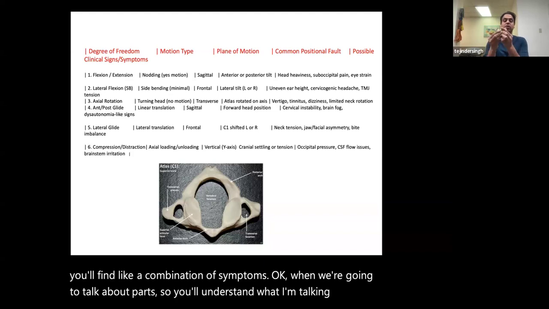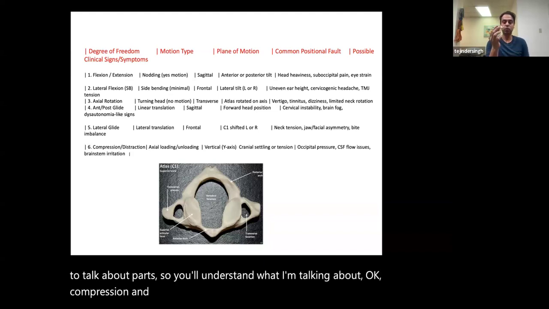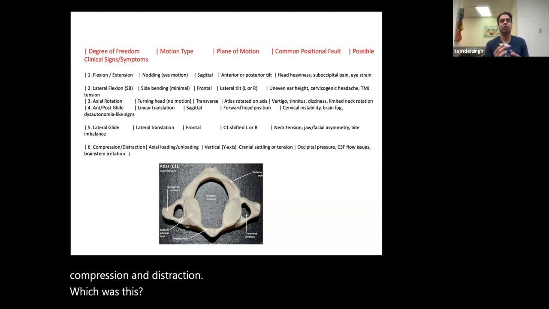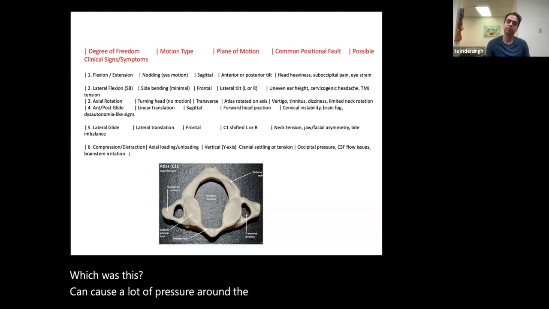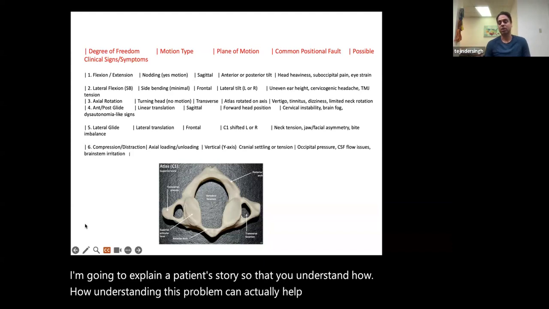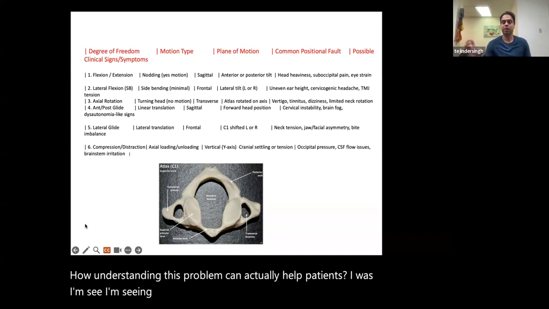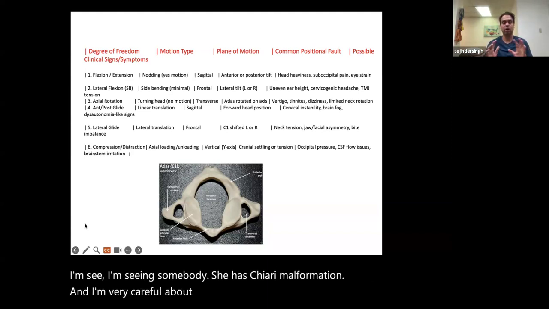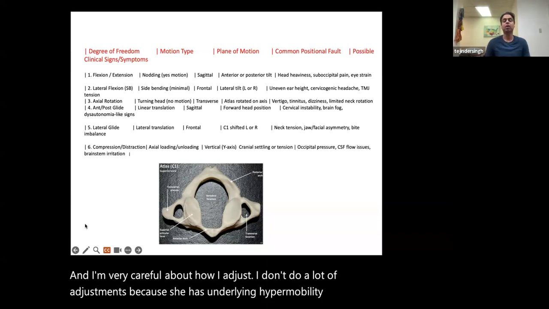Compression and distraction, which was this, can cause a lot of pressure around the eye, can affect the CSF. I'm going to explain a patient story so that you understand how understanding this problem can actually help patients. I'm seeing somebody, she has Chiari malformation, and I'm very careful about how I adjust. I don't do a lot of adjustments because she has underlying hypermobility. She's 18.